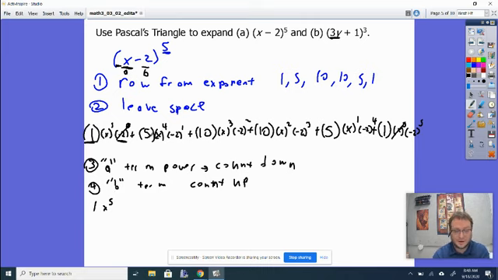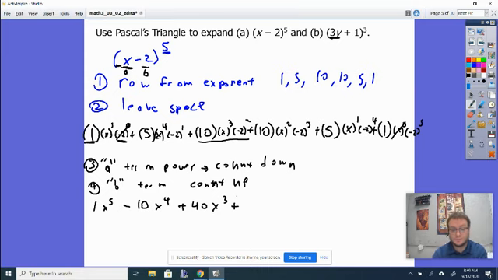Here I've got a 5 and a -2 to the 1, so just -2. So 5 times -2 is -10, x to the 4th. For this next term, I've got 10 and -2 squared. -2 squared is going to be +4, so plus 40 x cubed.